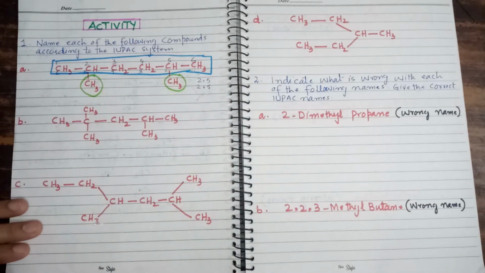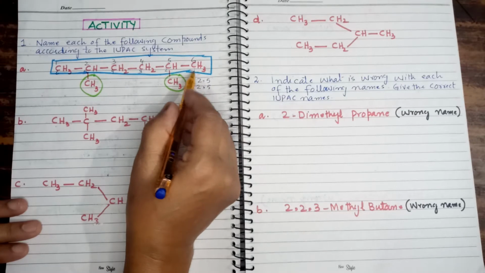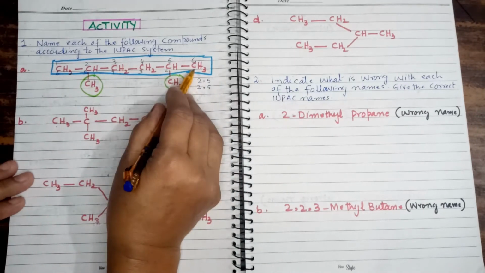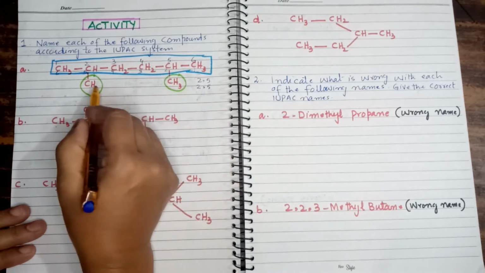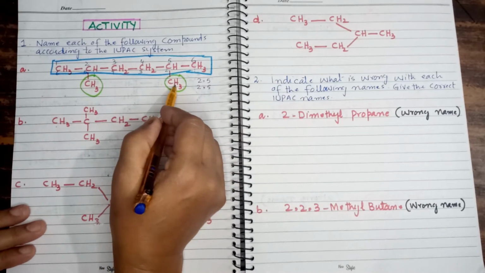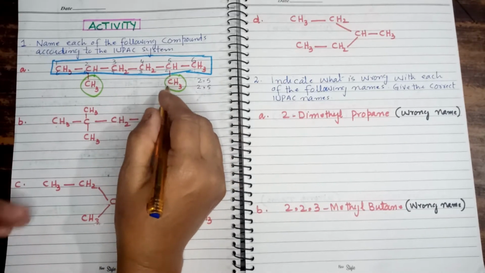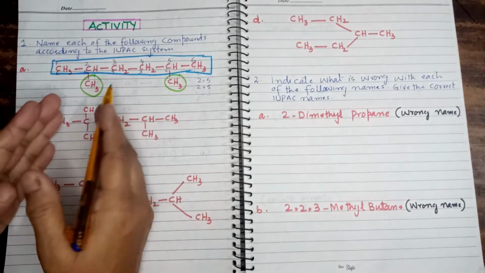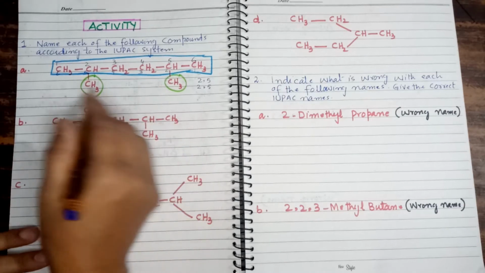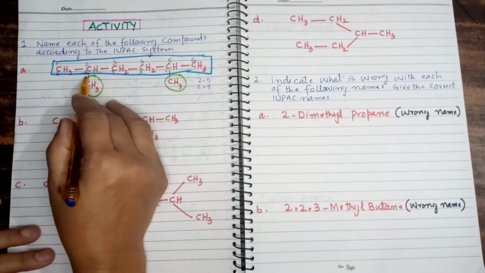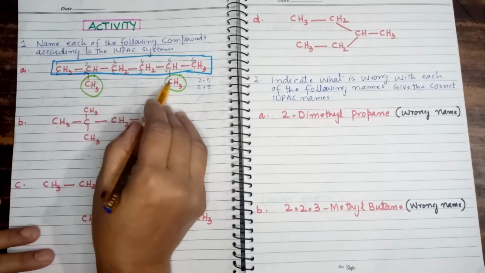So it means either we do the numbering from left hand side or from right hand side, the positions of both the methyl radicals are the same, right? So it is our choice.